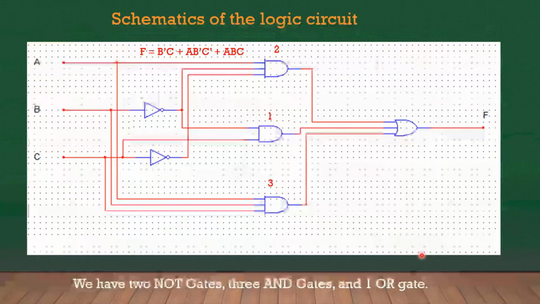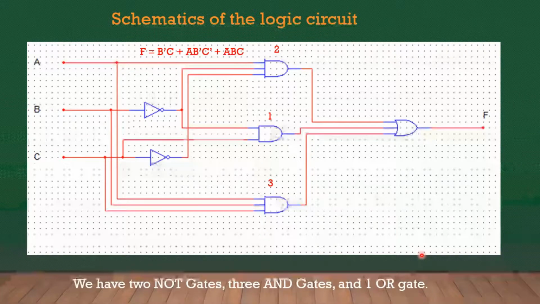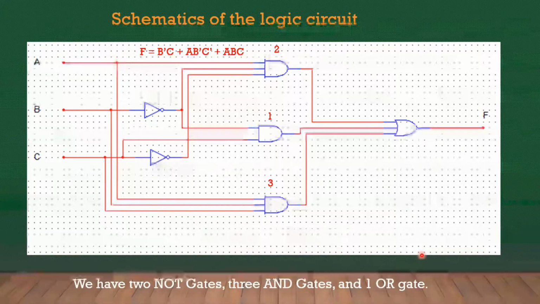That means we get a smaller size. Today the ICs are becoming smaller. All the logic ICs we get are designed after simplification. If not simplified, their size could be larger than what we see today.